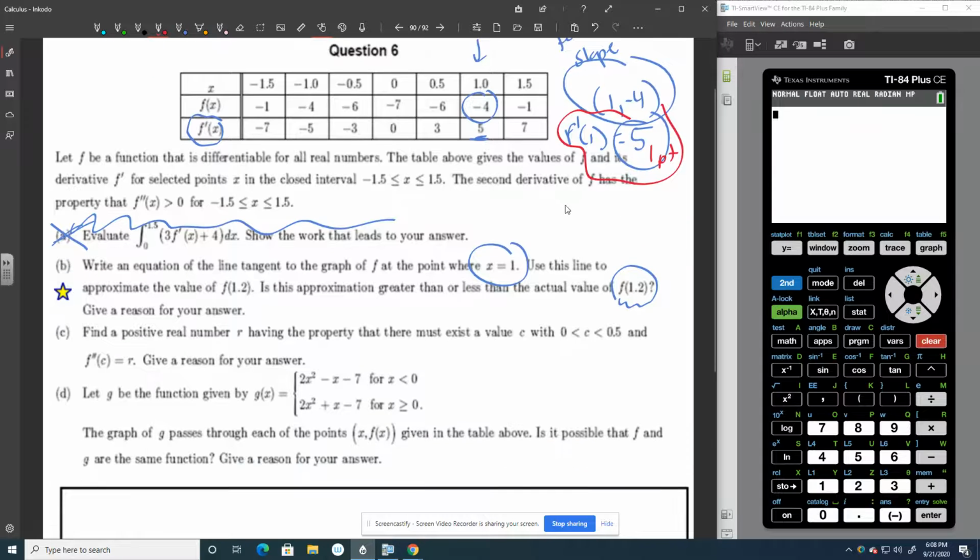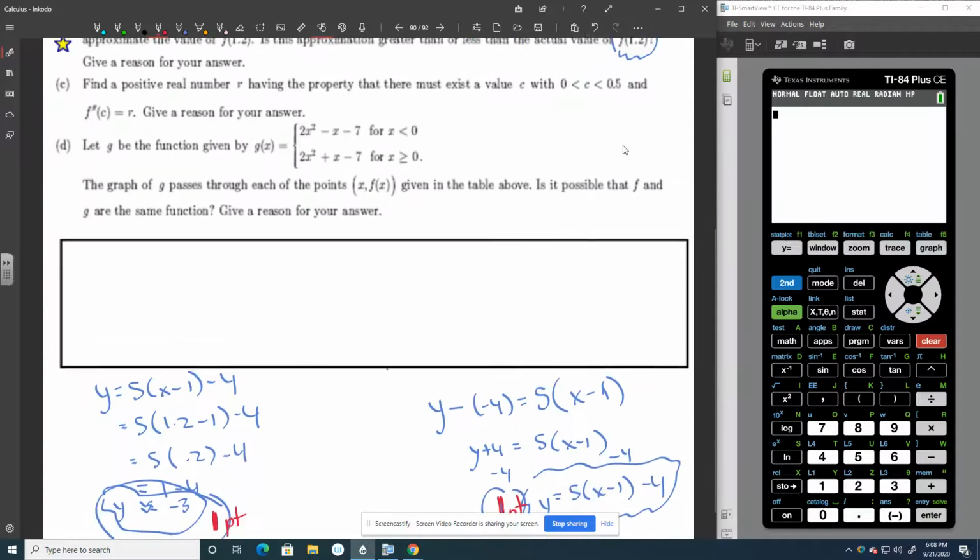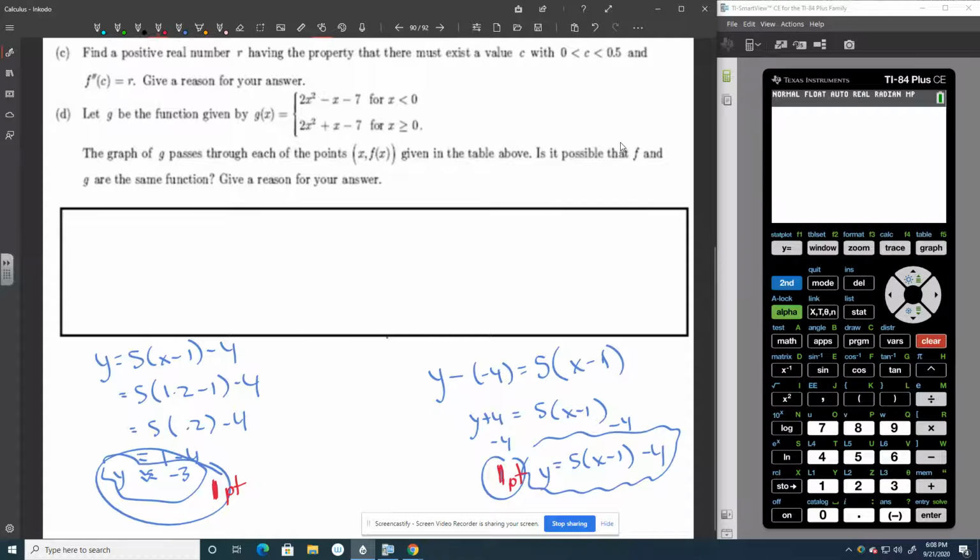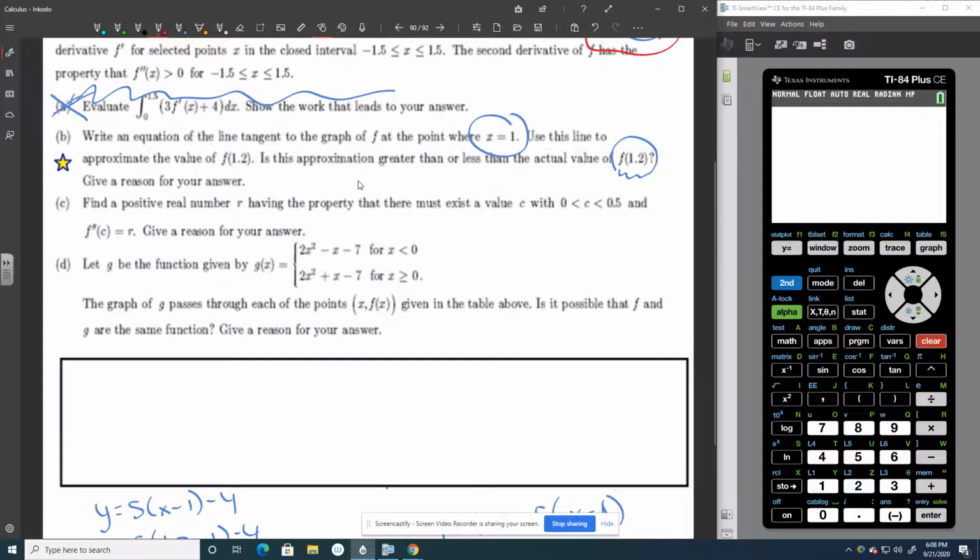So recognizing that might give you another point. Actually, you know what? That's not true. Finish reading the question, Mr. Reed. Is this approximation greater than or less than the actual value, and give a reason? Okay, so we're not going to get a point for our tangent line. We're going to get 1 point for finding the approximation. And then it asks us 2 more questions.